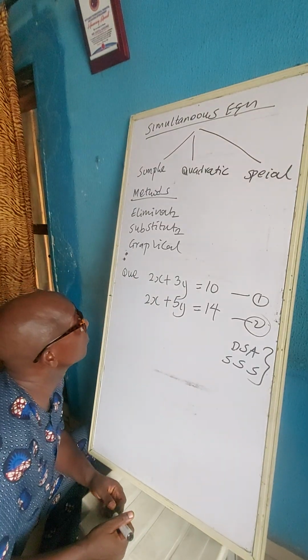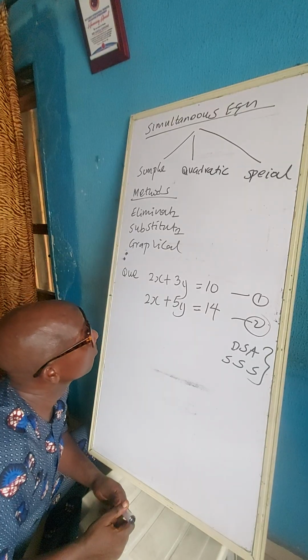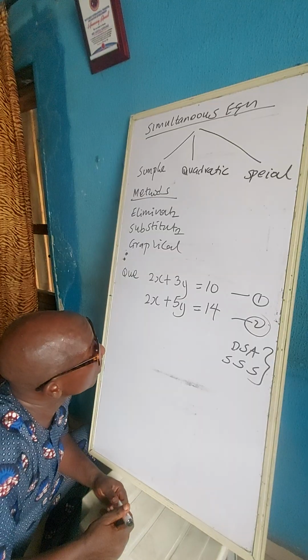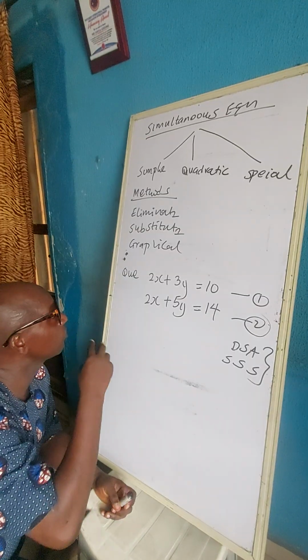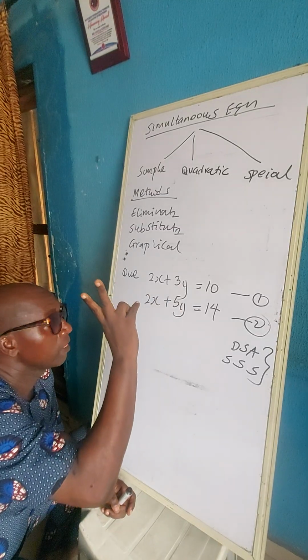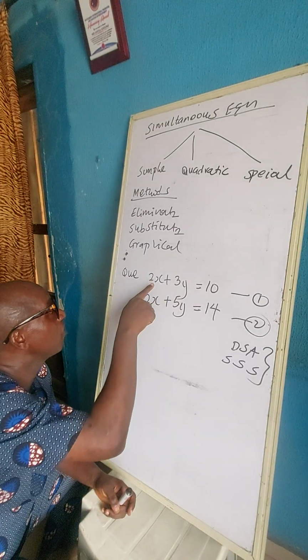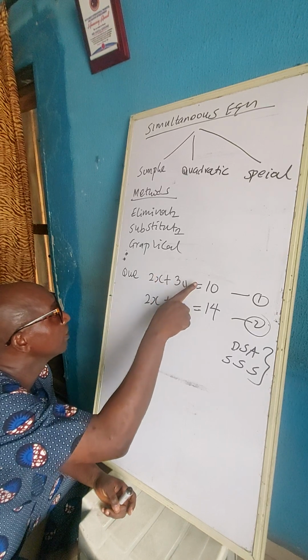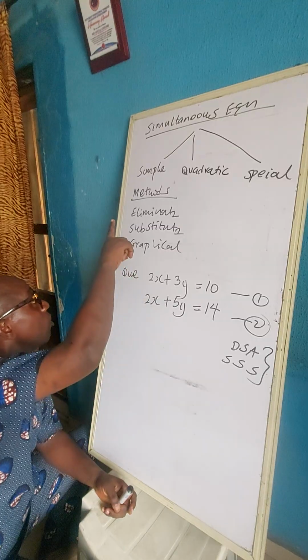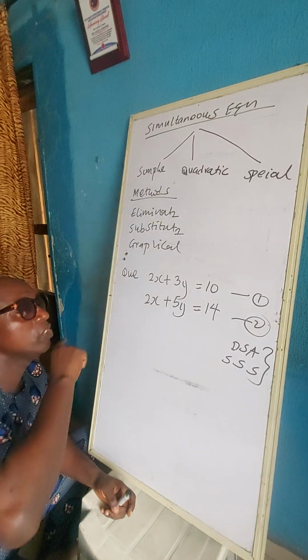2x plus 3y equal to 10. 2x plus 5y equal to 14. Simultaneous equation, 2 different letters, x and y. The power of the variable here is 1, 1. That is why it is called simple simultaneous equation.